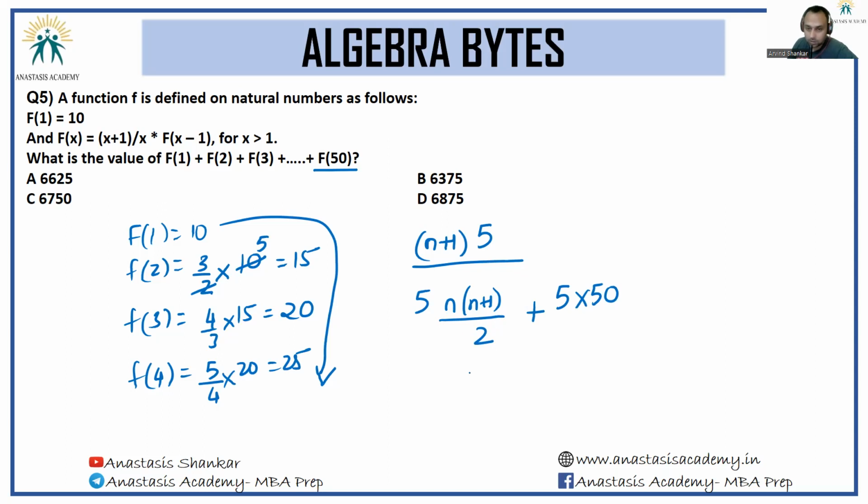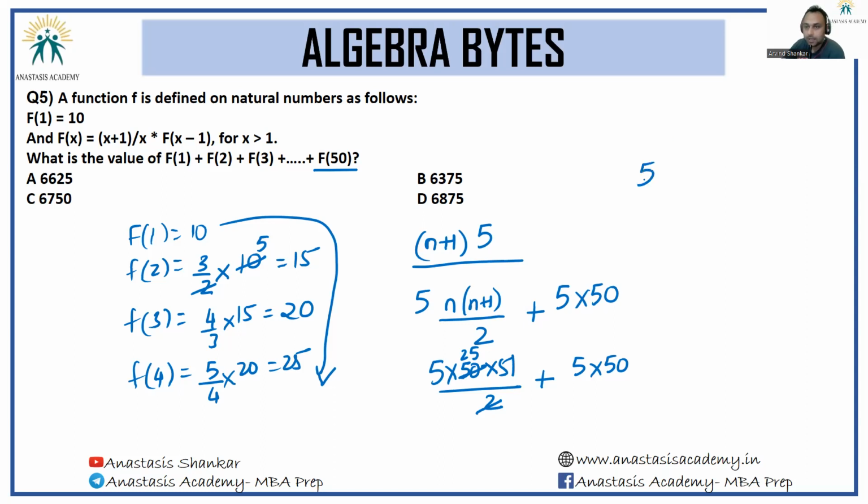So now I get 5 into 50 into 51 by 2 plus 5 into 50, or 250. So cancel, 25. So 5 into 51 is 255. 25 into 51 is 1275.